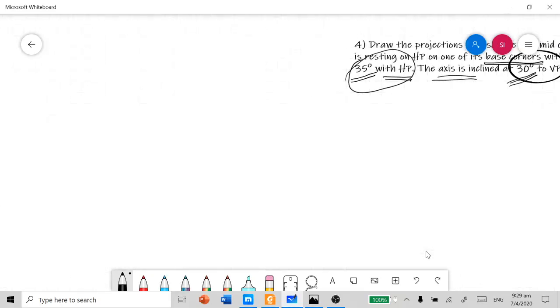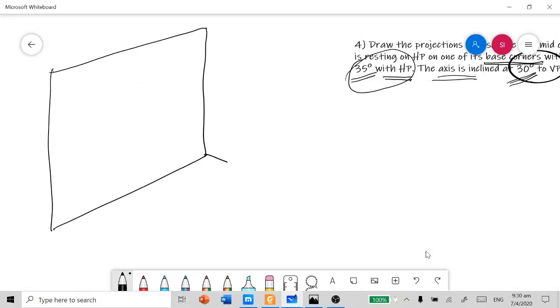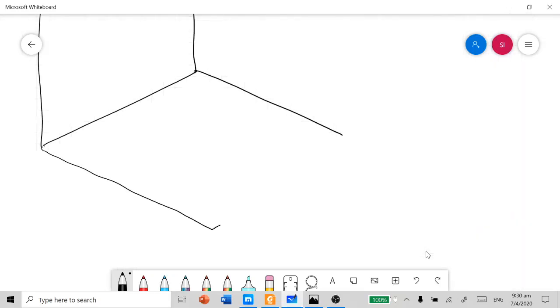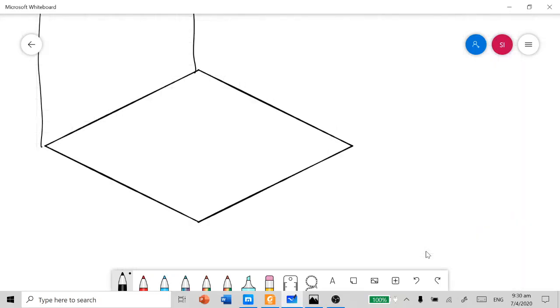As a rough analysis, let's see what the actual situation is. Your solid, a square pyramid, is going to rest on HP by one of its base corners.